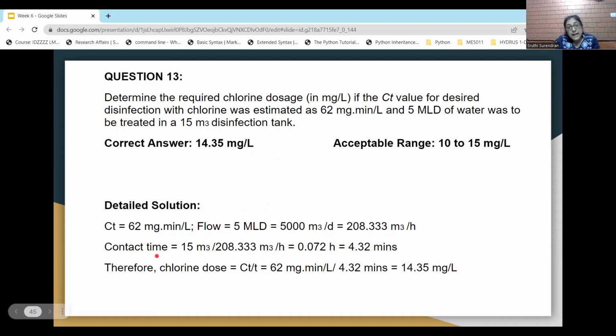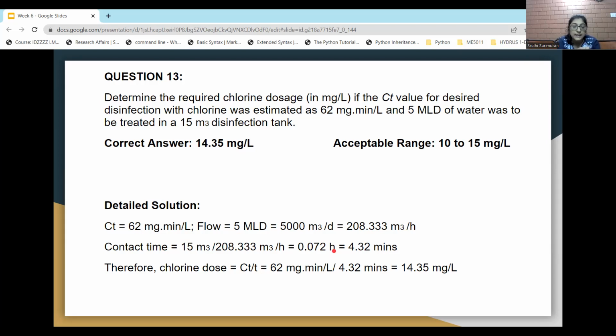Now, contact time can be obtained from this flow rate and the volume of the tank by dividing the volume of the tank by the flow rate. That will give us the time for which the water will be in this tank for the disinfection to happen. That is 0.02 hours, which is 4.32 minutes.